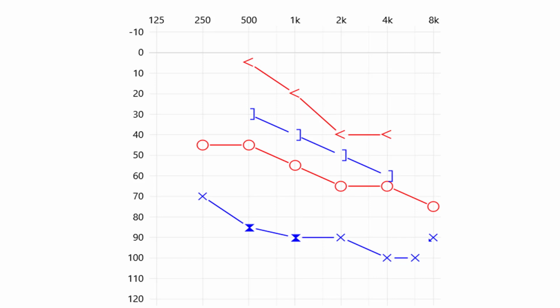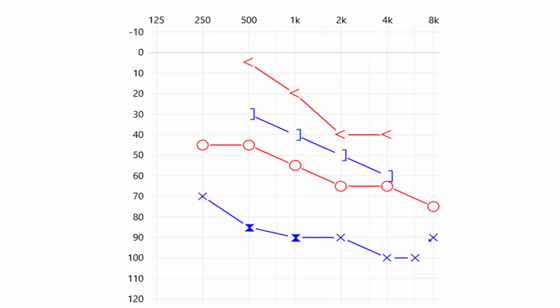However, if we look at the air-conducted sound, the sound conducted through headphones, we can see that the right ear, shown here in red circles, is below the right bone conduction. There is a gap between the bone conduction and the air conduction, or the bone conduction and the headphone-produced sound, suggesting that there is a conductive component in the right ear as well.